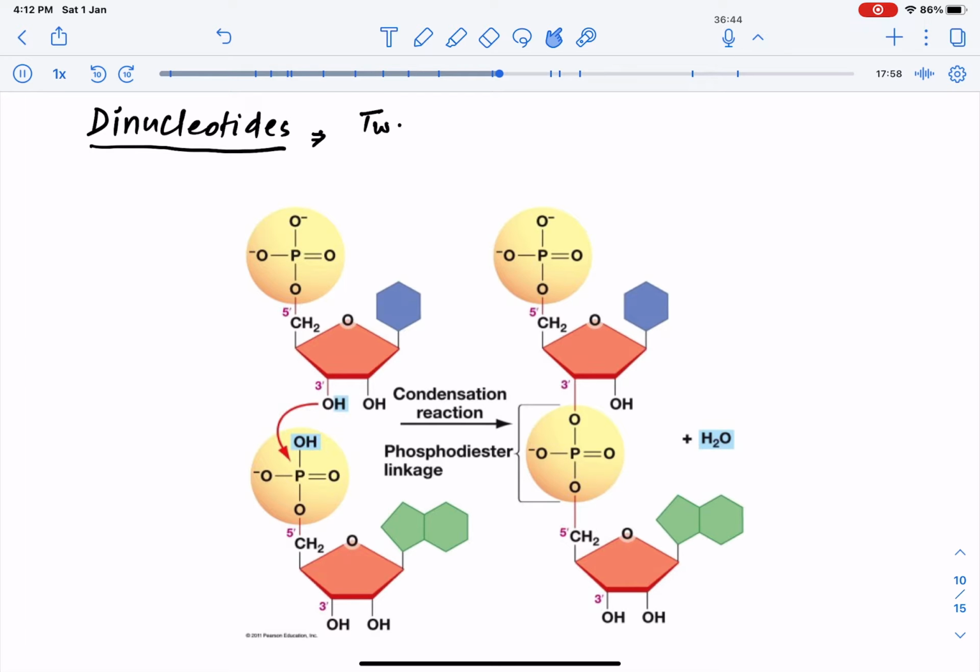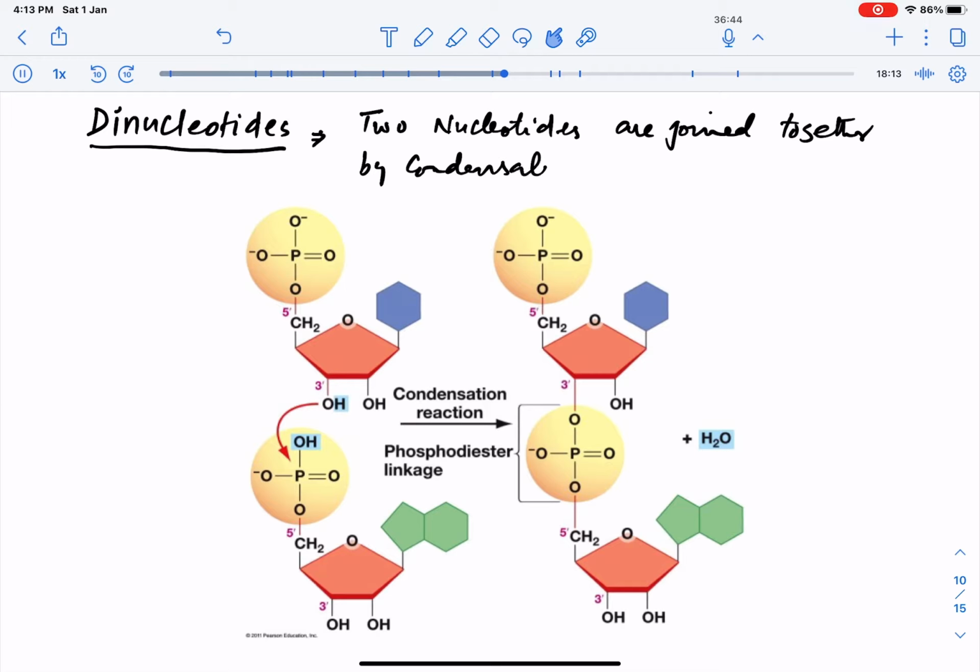So two nucleotides are joined together by condensation by a linkage called phosphodiester linkage. So let's see the formation of a phosphodiester linkage.